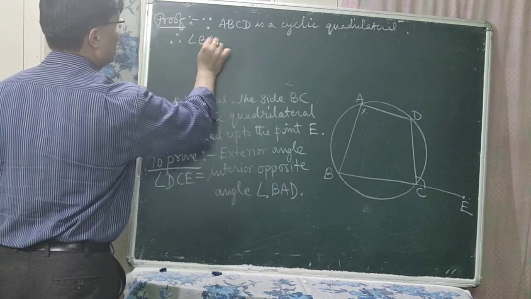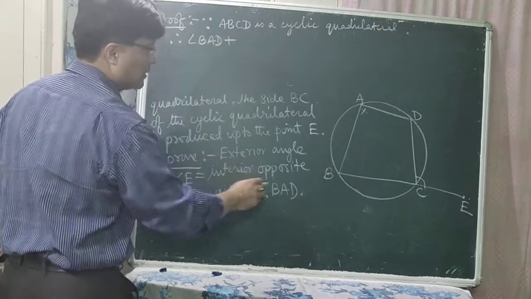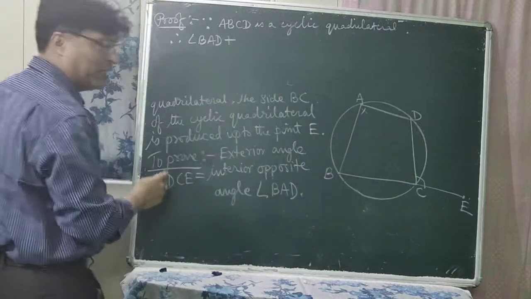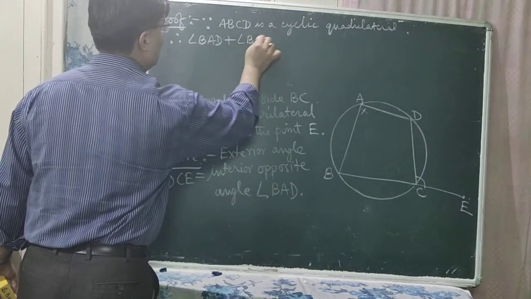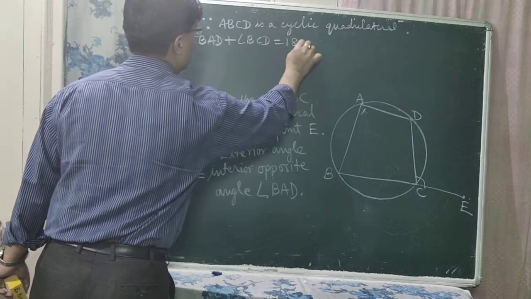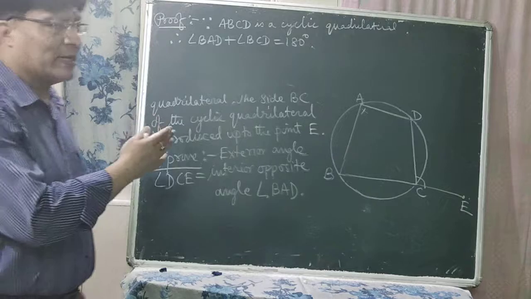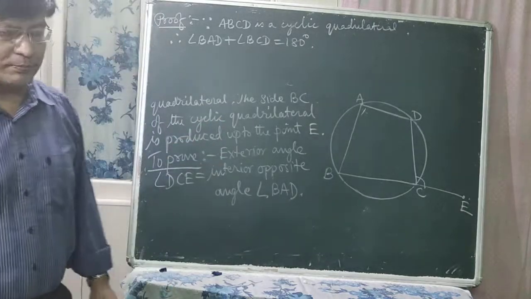Angle BAD plus its opposite angle, angle BCD, is equal to 180 degrees. Is that clear? So we can write it from the previous theorem.